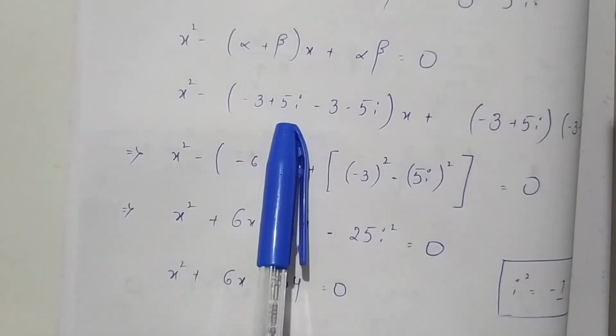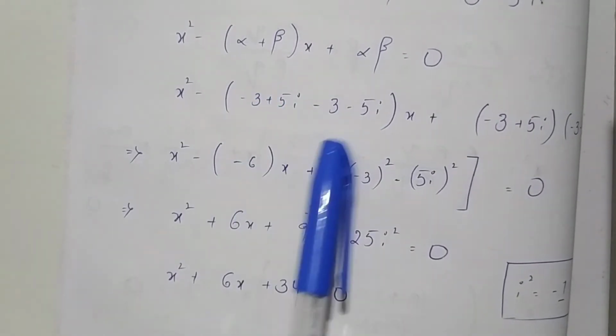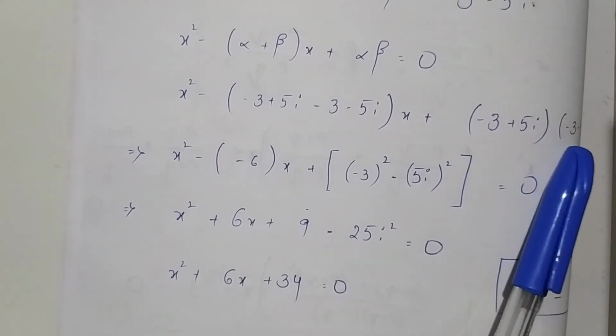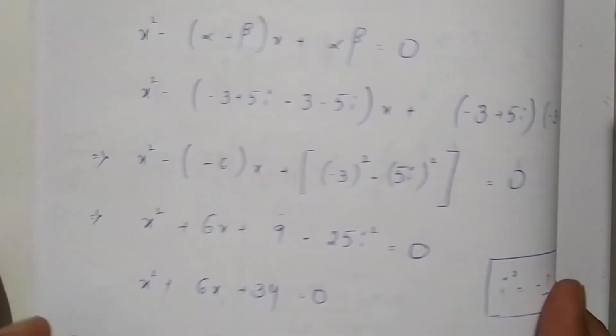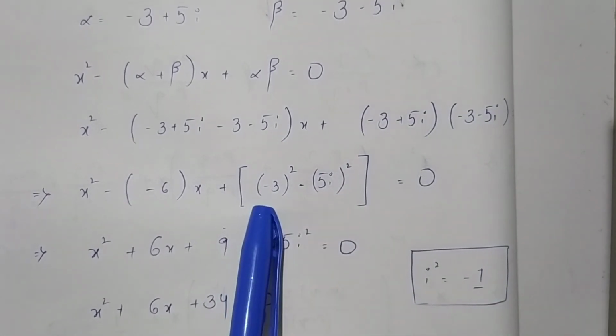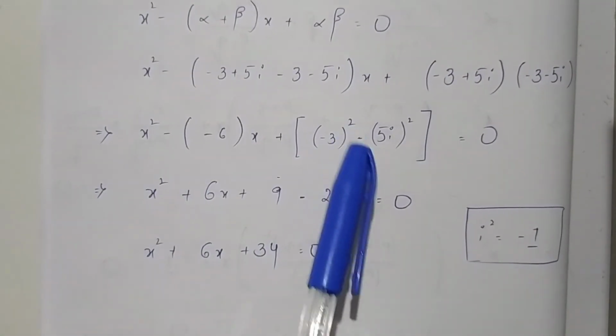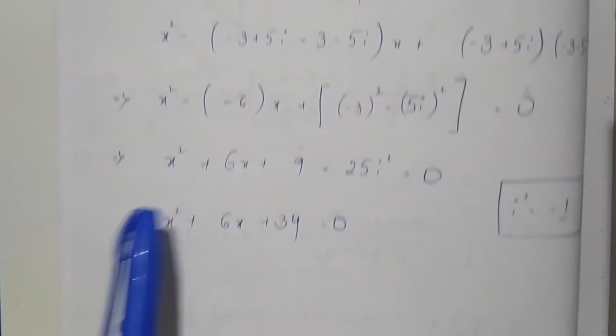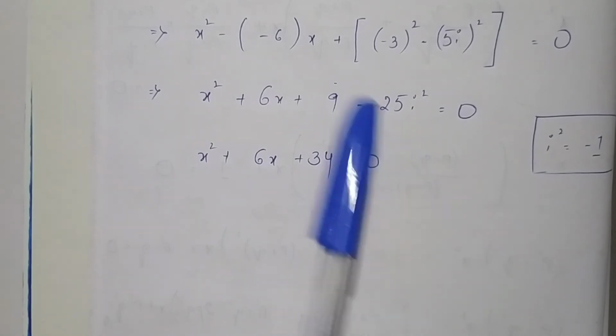Here plus 5i and minus 5i will cancel, and the (a minus b) into (a plus b) formula will be applied to get minus 3 whole square minus (5i) whole square.